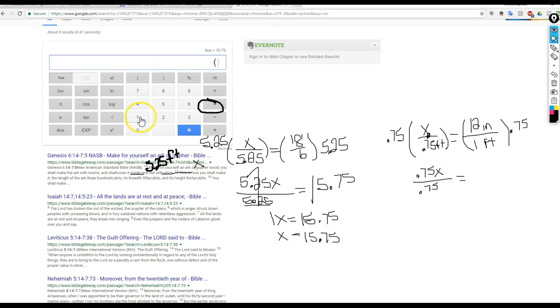If you didn't recognize that, that's okay. Just type in 12 divided by 1, close parentheses, times 0.75, which is 9.